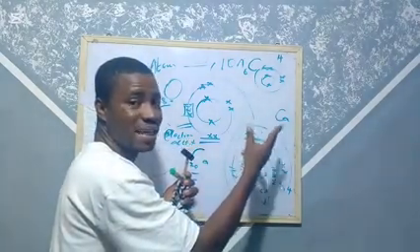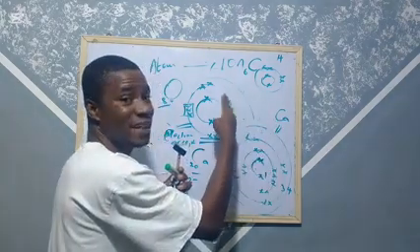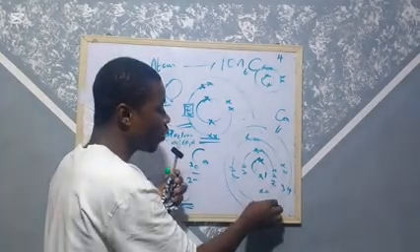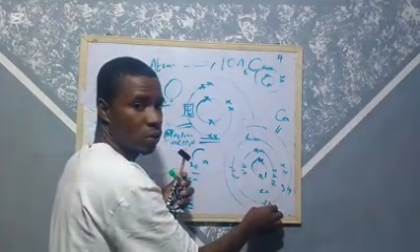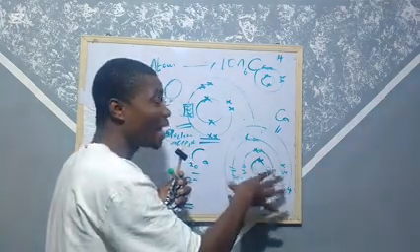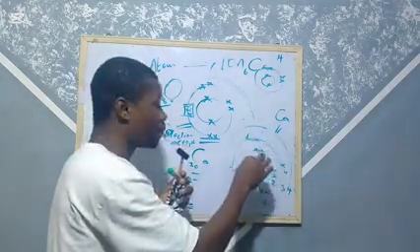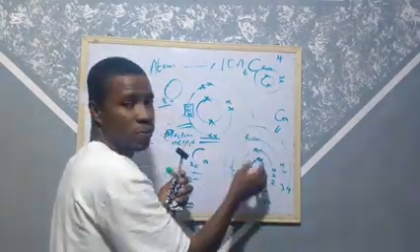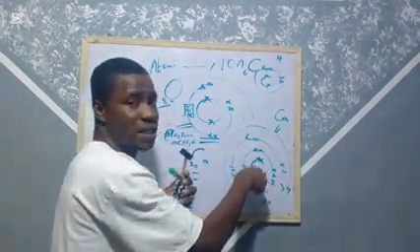Remember, electrons are negatively charged. It has lost 2 negative charges. If it has lost 2 negative charges, it means the number of protons, which is 20, is now more than the number of electrons. Initially they were 20 and 20, but now 2 electrons have gone. So that means the electron number is now 18 here.